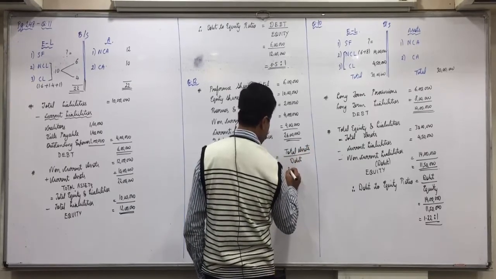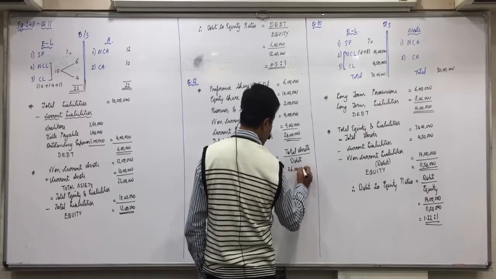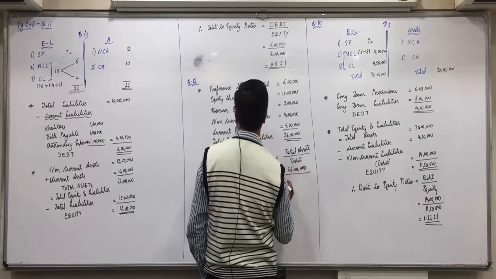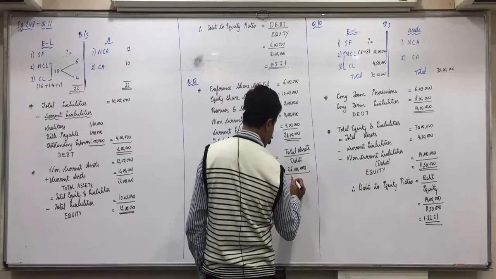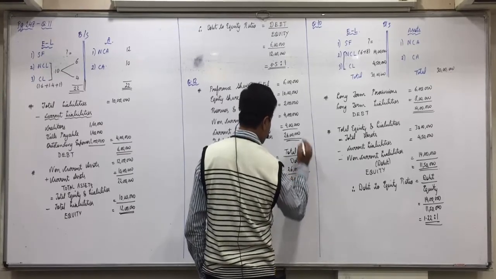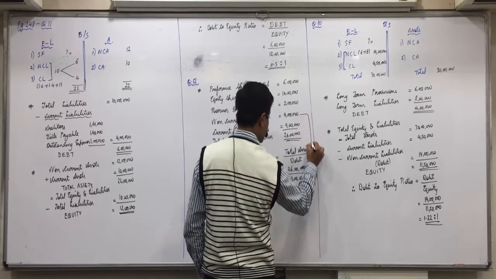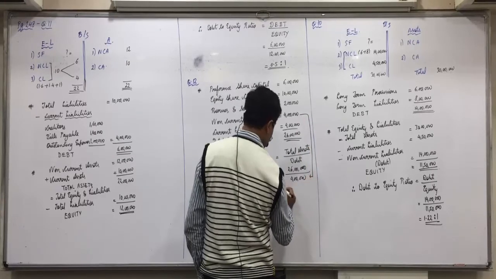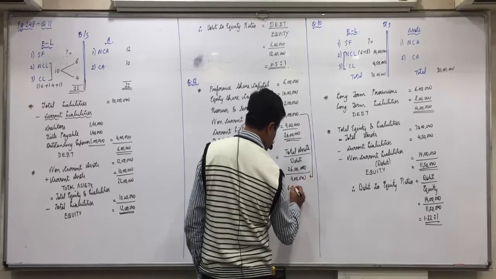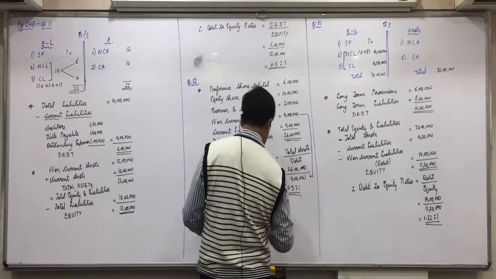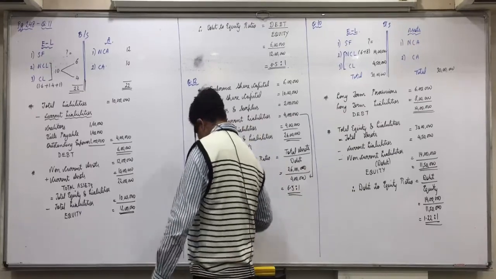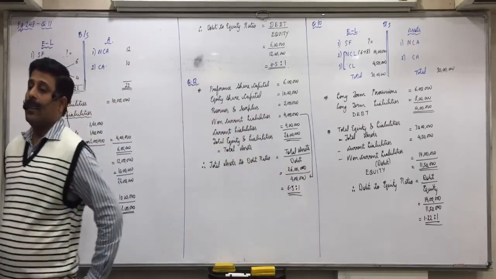Total assets 26 lakhs and debt is that non-current liability 4 lakhs. 6.5. That is 6.5 is to 1. So understood this everyone? Yes, sir.